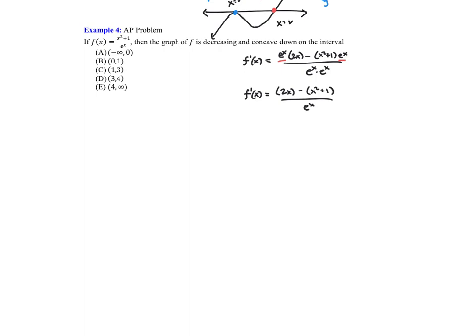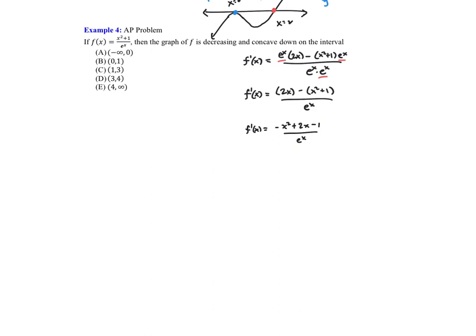So I reduced. In essence, I factored out and reduced one of the e to the x's. Right, I got rid of that one by factoring them all out. Okay, so f prime is going to equal negative x squared plus 2x minus 1 over e to the x.